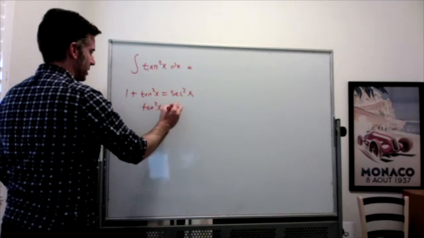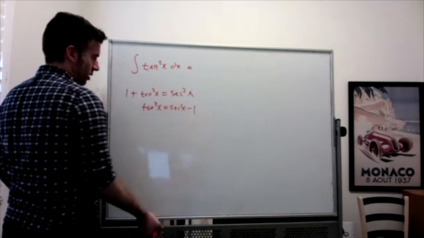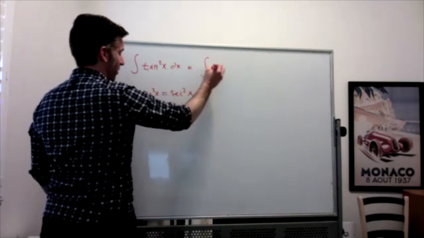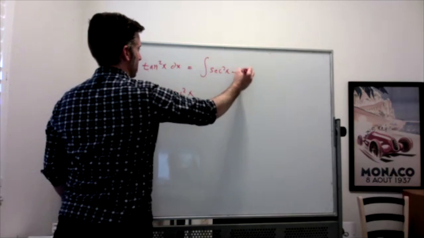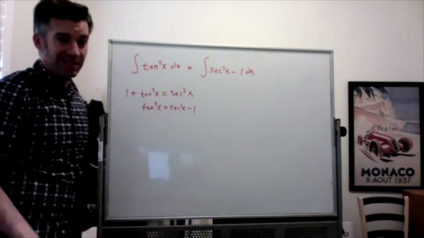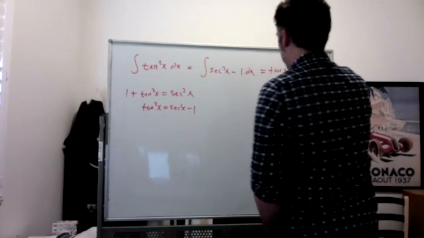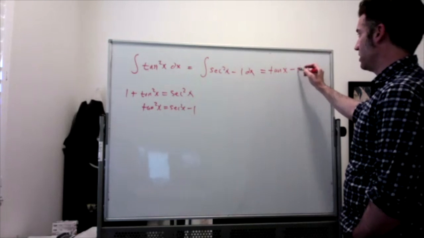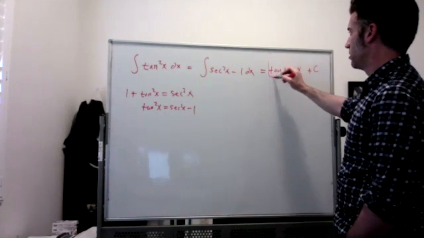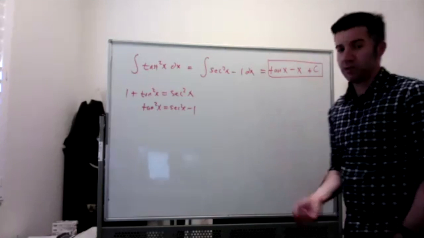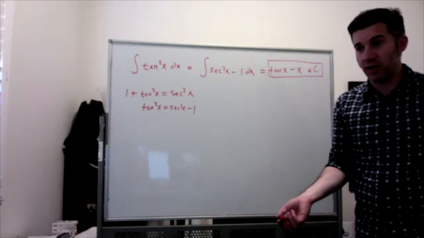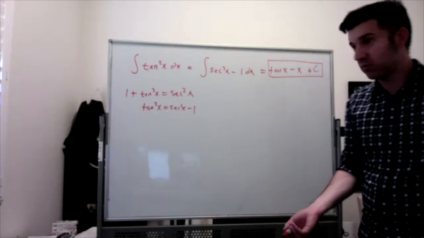Tangent squared x equals secant squared x minus 1, which is equal to the integral of secant squared x minus 1. We know the antiderivative of secant squared is tangent of x. And we know the antiderivative of 1 is just x. So really easy if you know the trick, challenging if you don't.